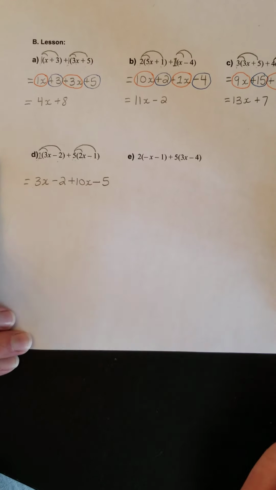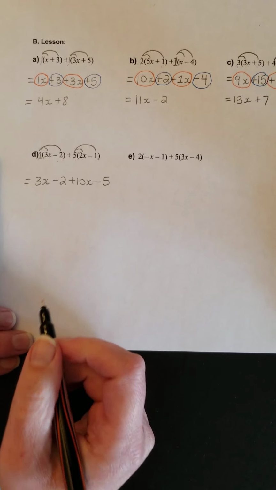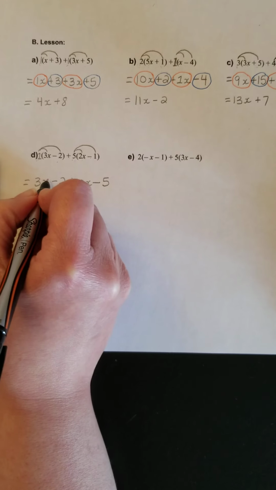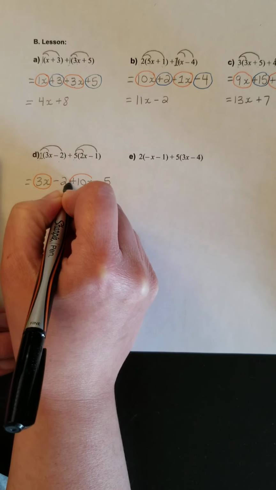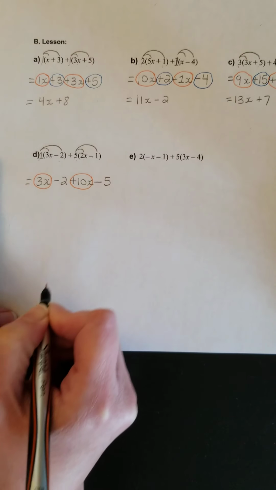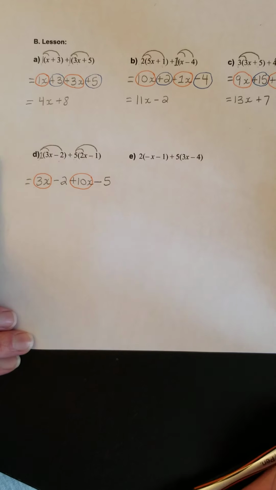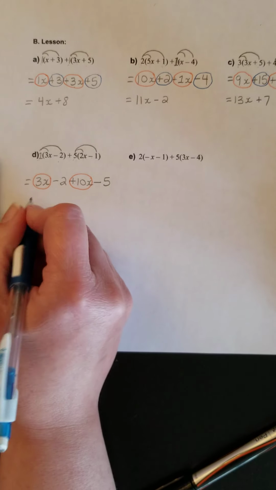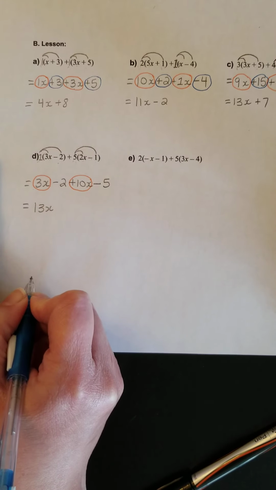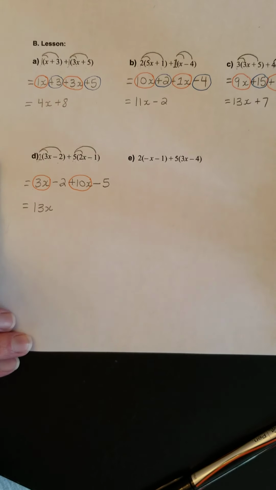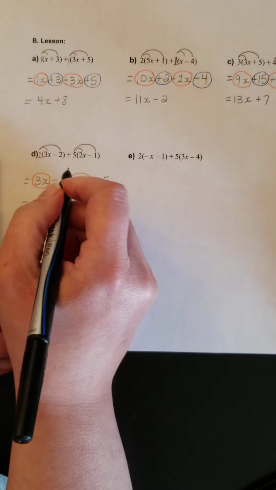Again, I always want to check for my like terms. So I look for the variable terms, so terms with an x. I have 3x here and 10x here. So when I add those together, 3x plus 10x, I get 13 x's. With the number parts, again, watching for your signs.